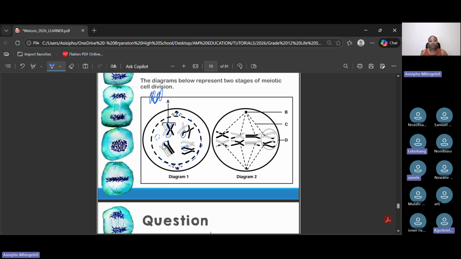Thank you so much. That's a point. So that's what you see. Nuclear membrane is disappearing. You speak about it. Centrioles are moving to opposite poles, forming spindle fibers. You speak about it. There is crossing over taking place. You speak about it. You can see the homologous pairs of chromosomes. They are visible. You speak about it. That's a point. Easy peasy stuff.